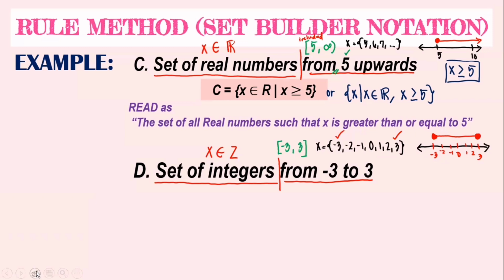Okay, sa set of integers na hinahanap natin. Okay, and kung isusulat naman natin to into compound inequality or in inequality notation, so we have x is greater than or equal to negative 3. Okay, and then x is less than or equal to positive 3.